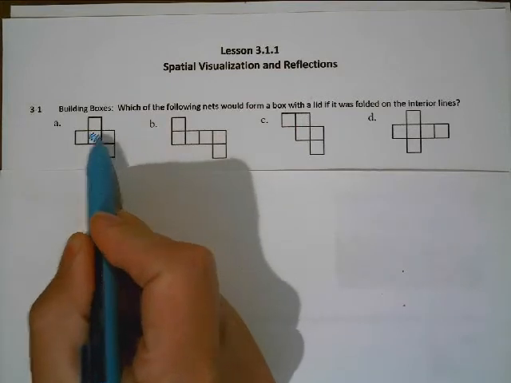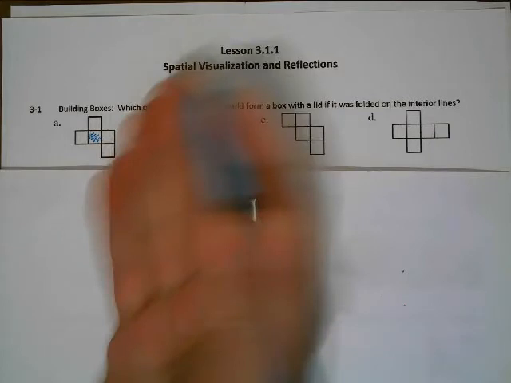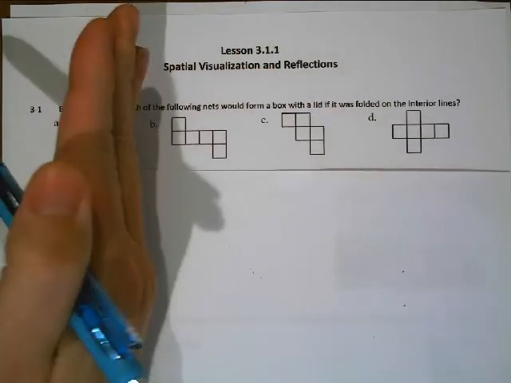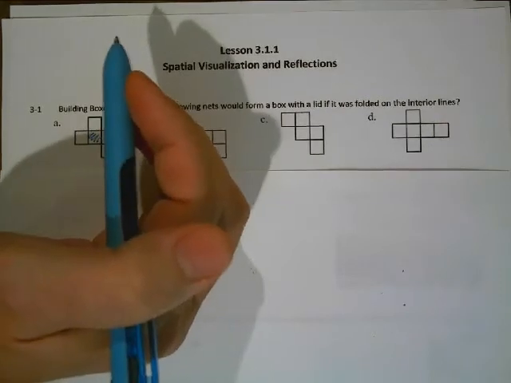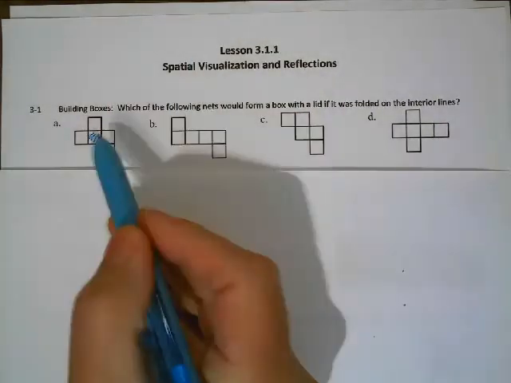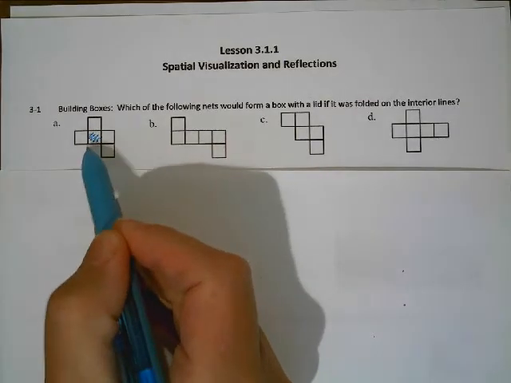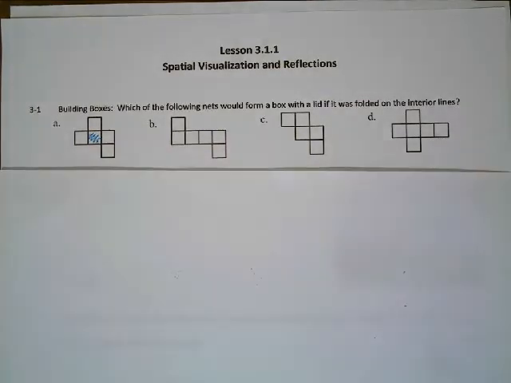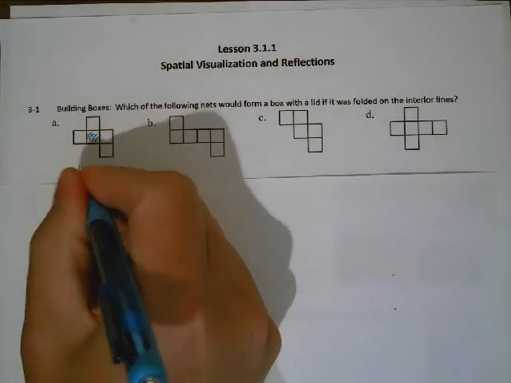This one would fold over here, but this part would fold with it. So if this one is being flipped up to here, then what we can see is this other section is going to flip over to here. So this is going to be up, and then this one would actually be this portion of the box here, but we would get no lid. So this one would give us no lid.